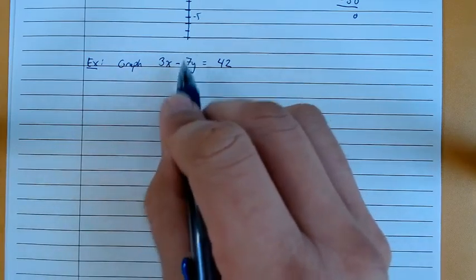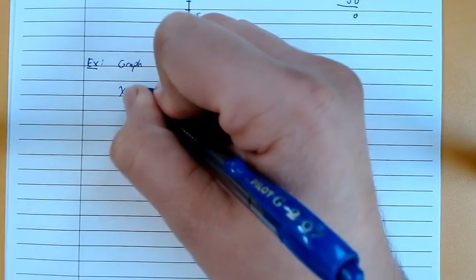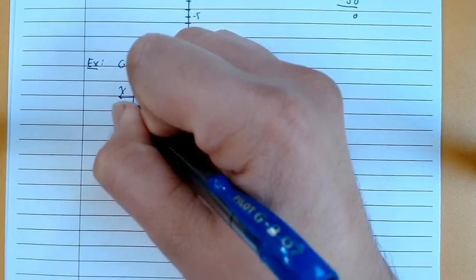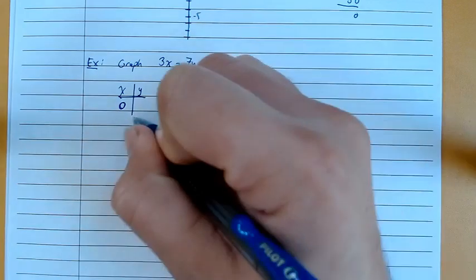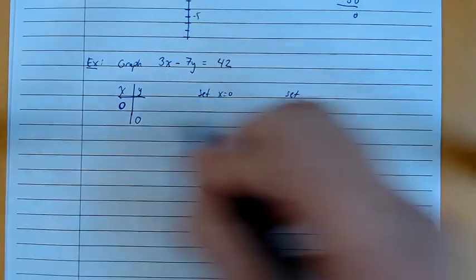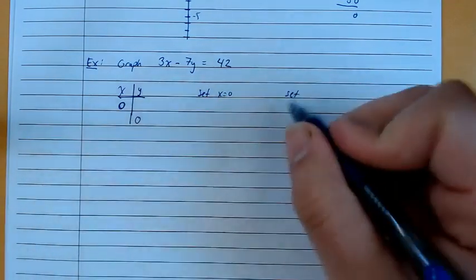And I can say y is equal to anything I like. But what I'm going to do is I'm going to choose 0 for both of them. If I say x is equal to 0, let's see what happens. And then separately, if y is equal to 0, let's see what happens. So this will give us two different solutions, 0 comma something and something comma 0.